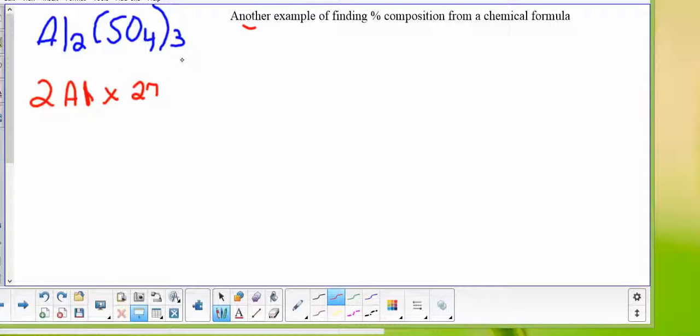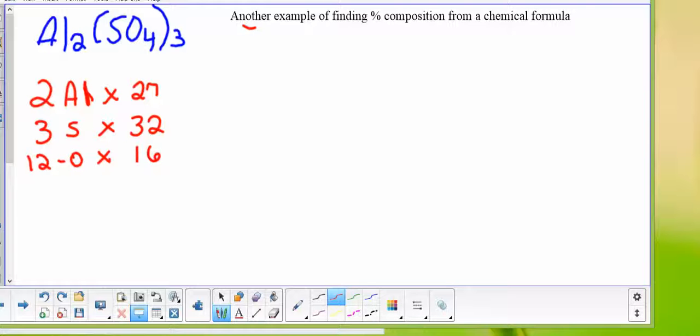I can see that I have 3 sulfurs. You distribute 3 sulfur. Sulfur's molar mass is 32. And I have 3 times 4, or 12 oxygens. And oxygen's molar mass is 16.